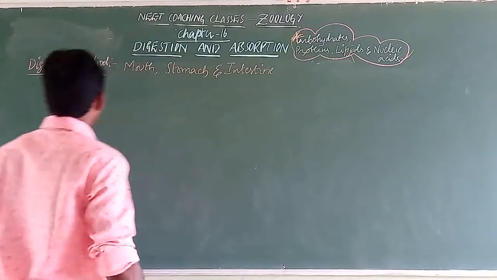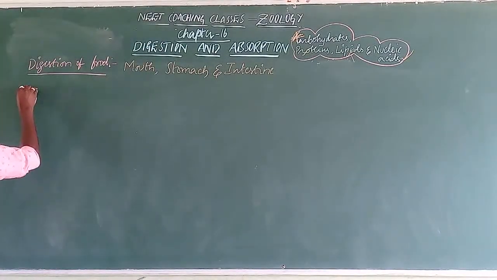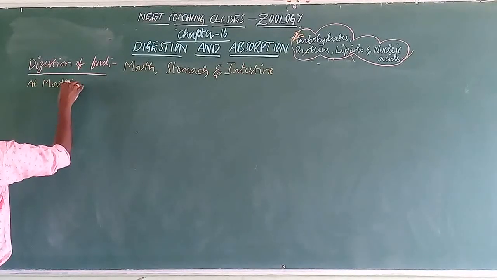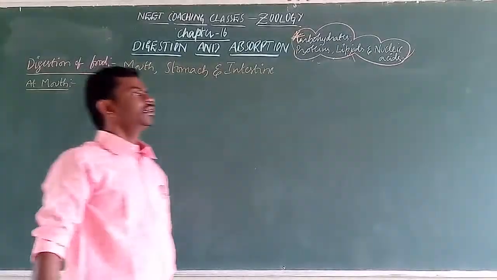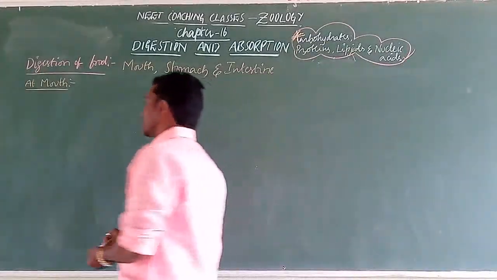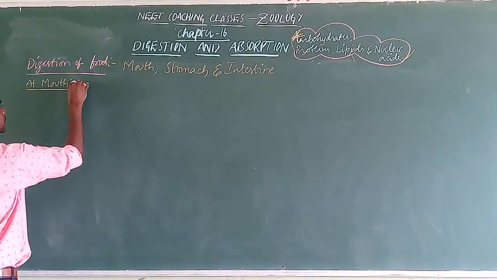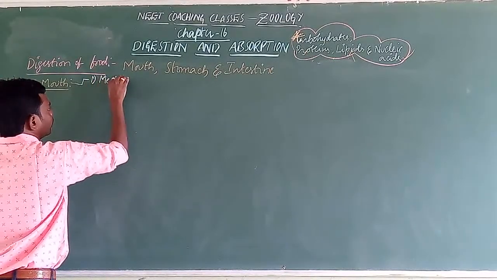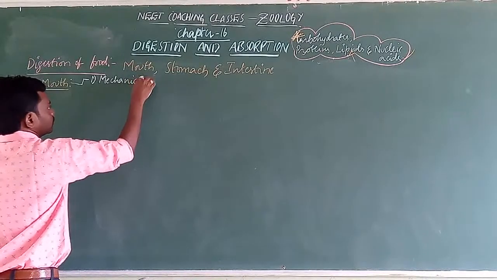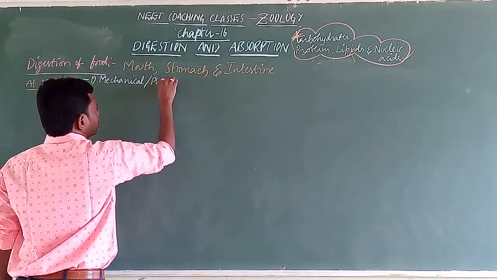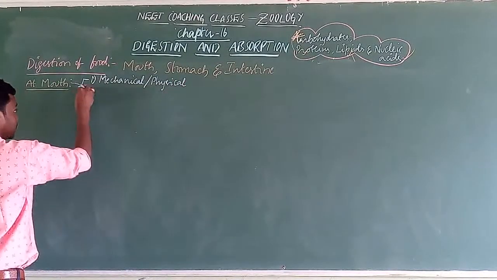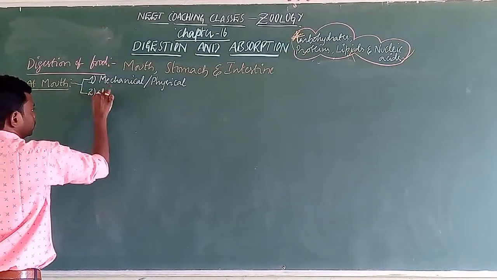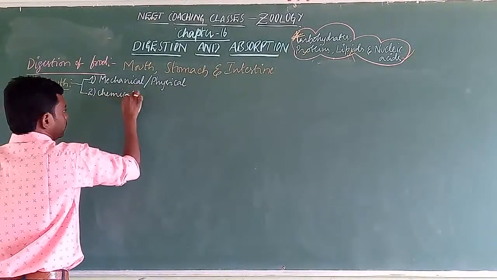Now, let us discuss digestion of food at the mouth. At the mouth, two types of digestion take place. One is mechanical or physical digestion. The second is chemical digestion.